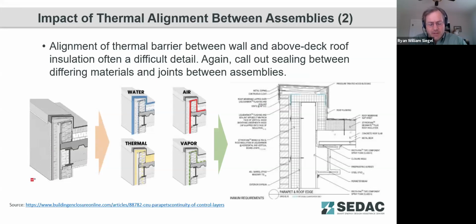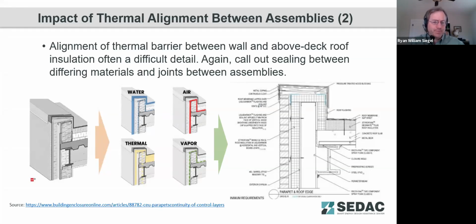And something else that we call out here is being aware that there are 4 control layers that we are dealing with in buildings. We have bulk water, which is typically the furthest outside layer. And then we have the air control layer, thermal control layer, and the vapor control layer. So it's not uncommon for materials to serve at least one, if not more than one purpose here.